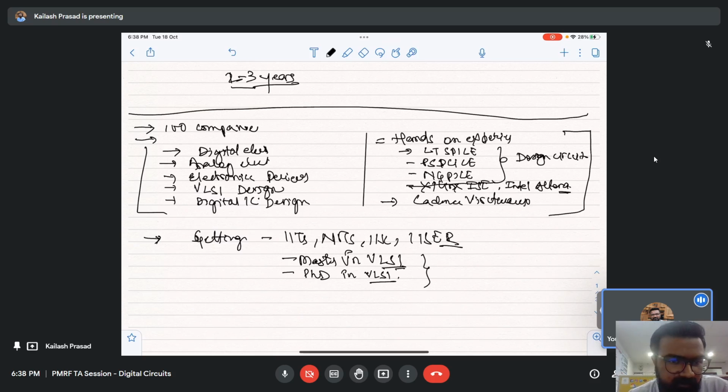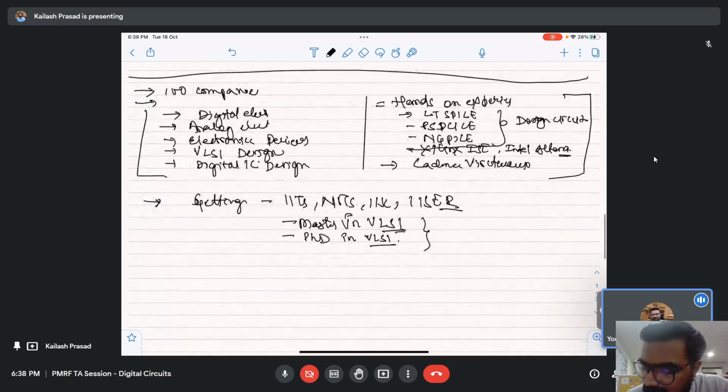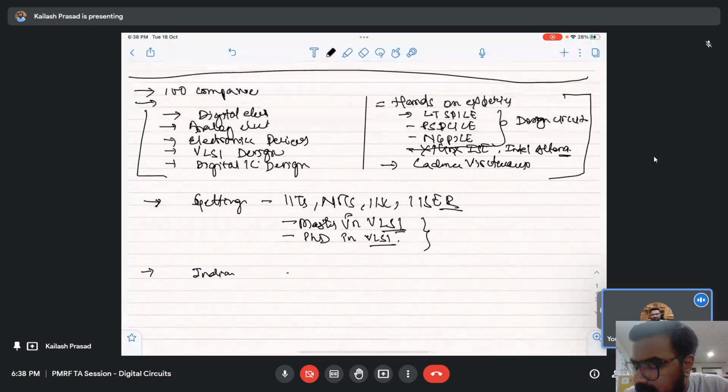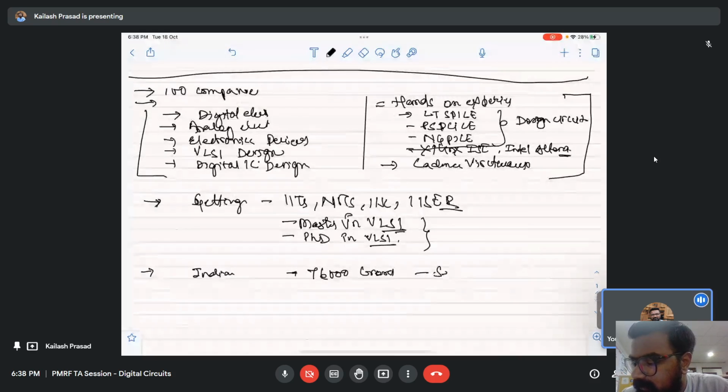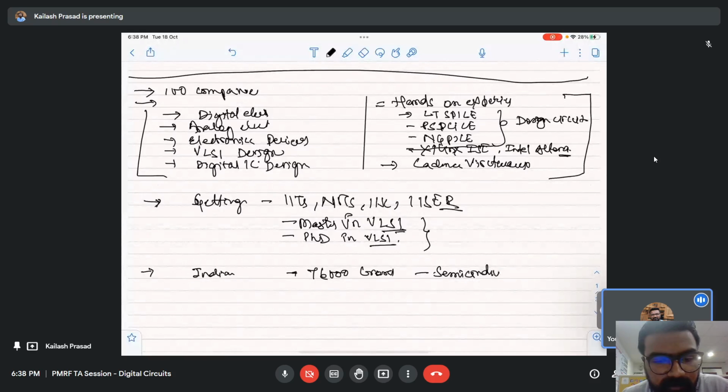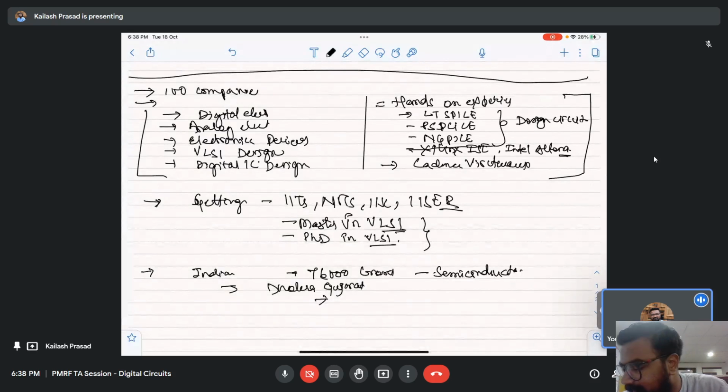The demand for good students is extremely high now. And why am I saying that? Because you should know that the Indian government has invested around 76,000 crores in the semiconductor industry in India, right? This is not a very small amount of money. Apart from that, in Dholera, one of the places in Gujarat, a very high-end semiconductor fab is being set up, will be set up in the next 2 to 5 years.